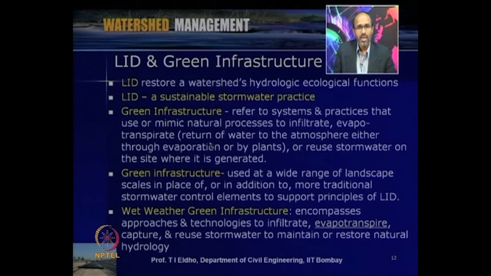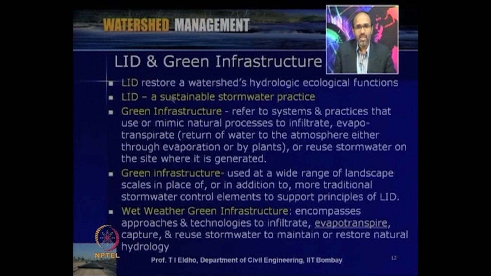And then green infrastructure generally refers to the systems and practices that use or mimic natural processes to infiltrate, evapotranspirate, or reuse stormwater on the site where it is generated. So, that way, by improving the vegetation cover or through various means within the area itself through green infrastructure, we are trying to increase the evapotranspiration, and we are also trying to reuse the stormwater by infiltrating it down to the ground.